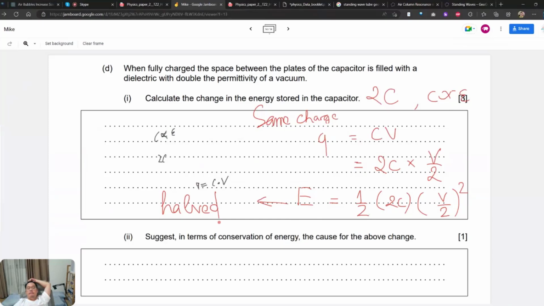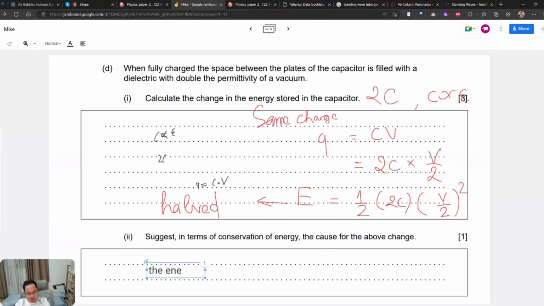The reason for the decrease in energy is the answer to the next question. Why is the energy lower now? Because the energy is used to oppose the work done to change the dielectric, bringing the old dielectric out and inserting the new dielectric into the capacitor.